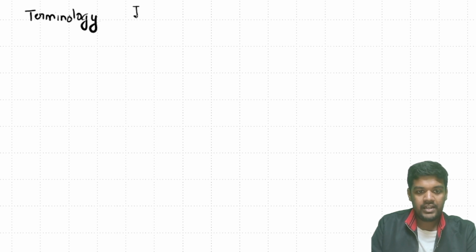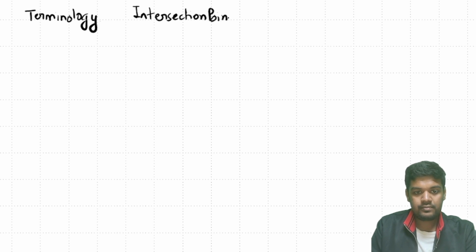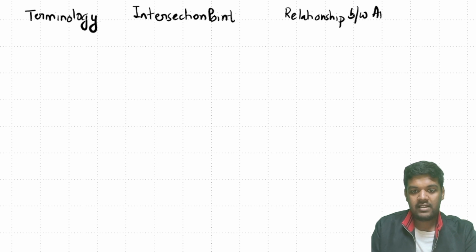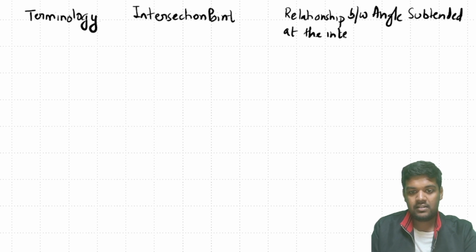So to summarize, हमारे पास क्या क्या है? Terminology, intersection point, relationship between angle subtended at the intersection point and the vertex angle, right?